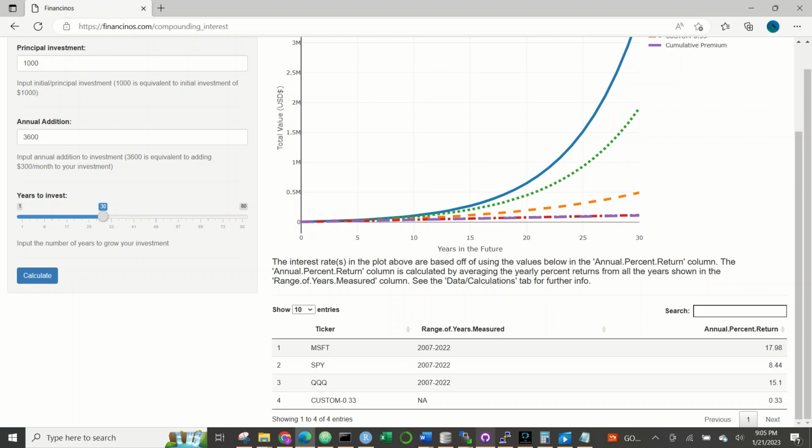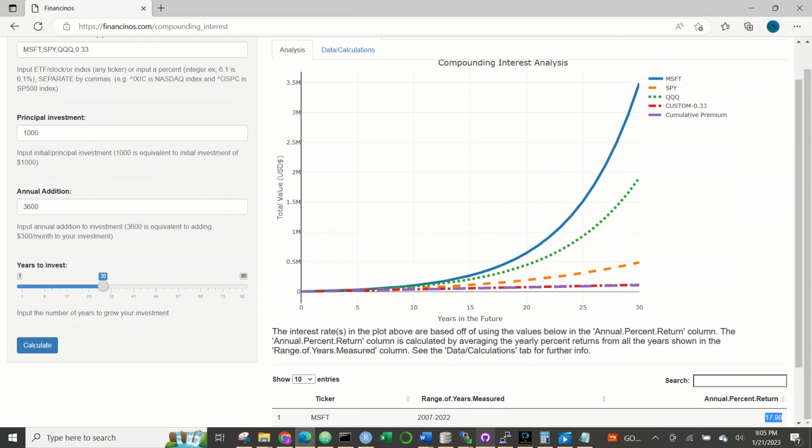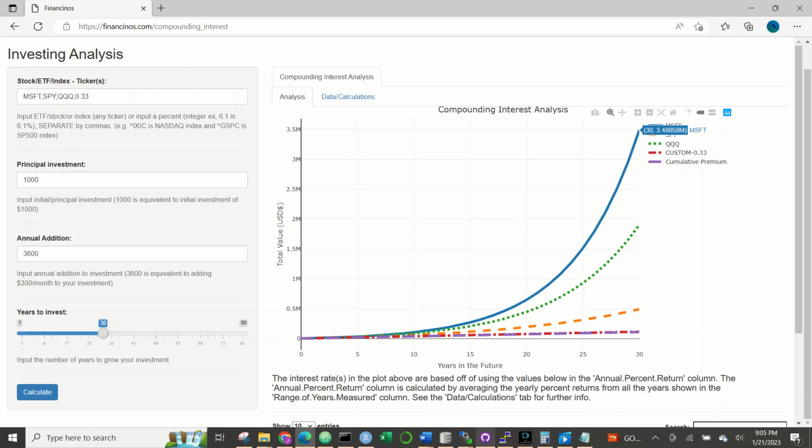Annual percent return through those years is 17.98%. So if every single year the average annual percent return is 17.98%, and using the $1,000 principal investment and the $3,600 annual addition, we will receive $3.48 million after 30 years from Microsoft.